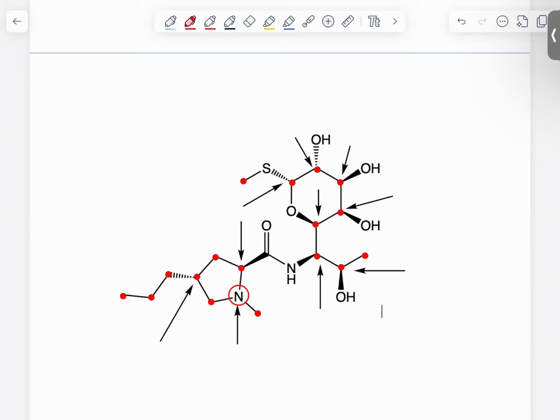That keeps it sterically bound the way it is. And a 5-membered ring is big enough that they can split. So that's why this one is unstable.